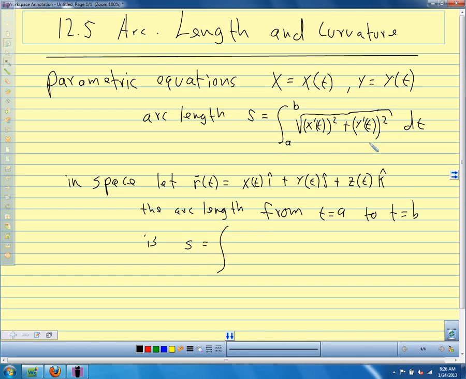We just have another quantity in our radical. So we have the integral from a to b of the square root, and I'm going to drop the t's here. We know that our component functions depend on t. x prime squared plus y prime squared plus z prime squared dt.